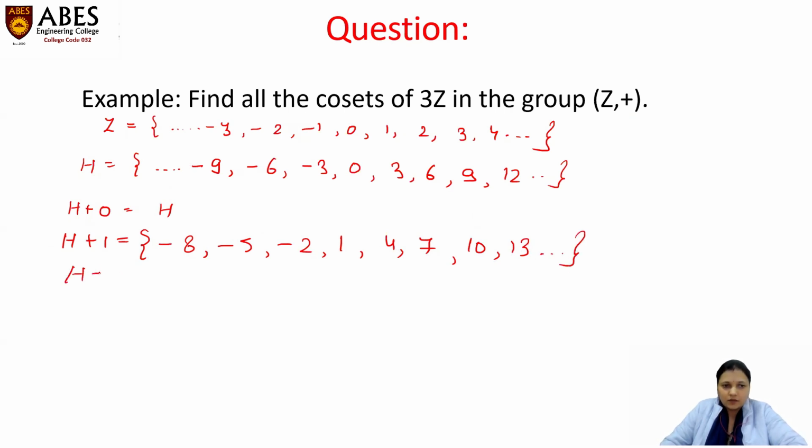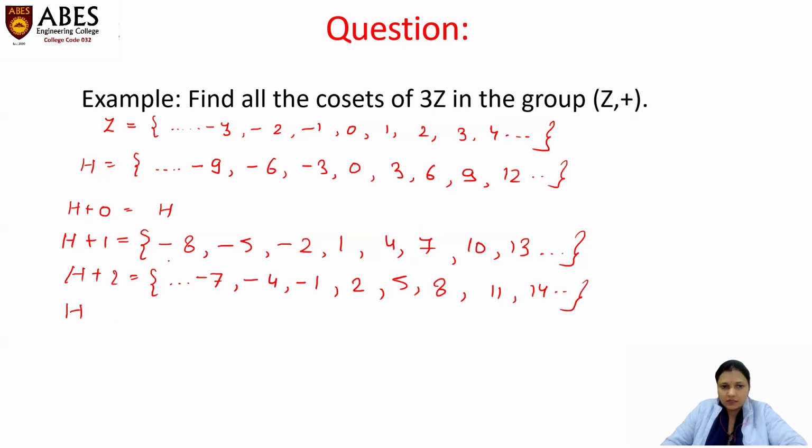H plus 2 will be -7, -4, -1, 2, 5, 8, 11, 14.